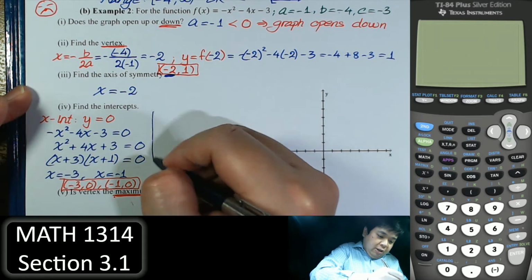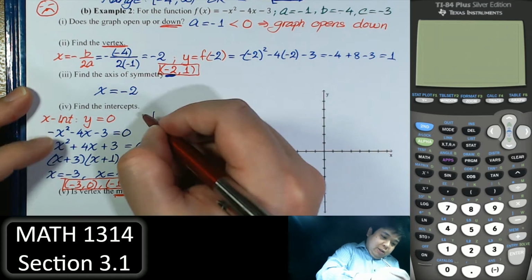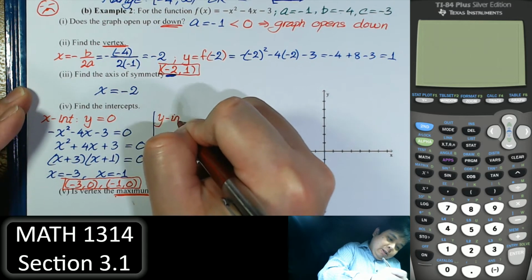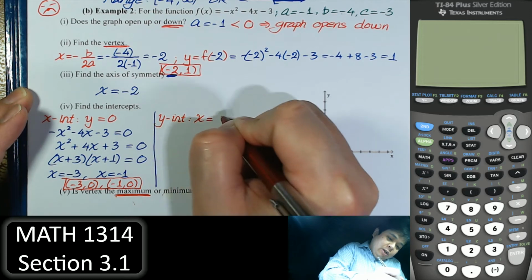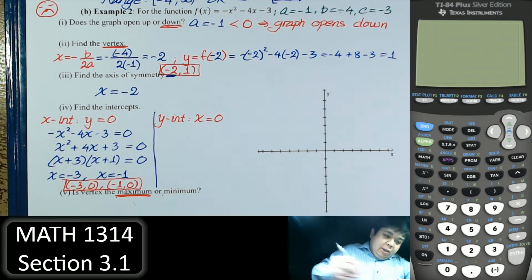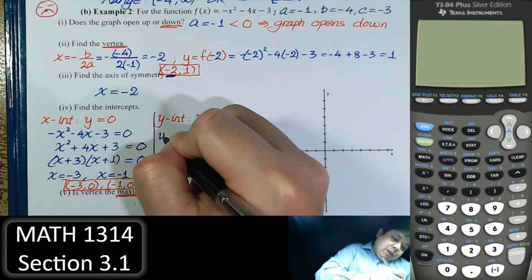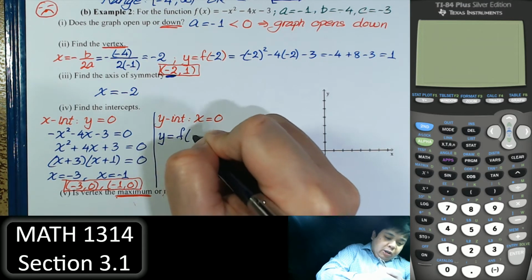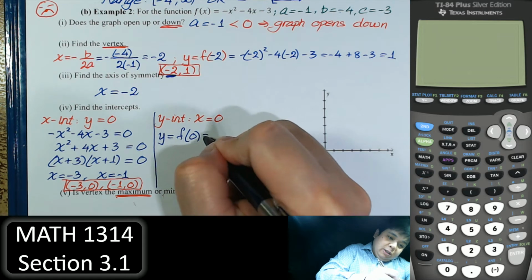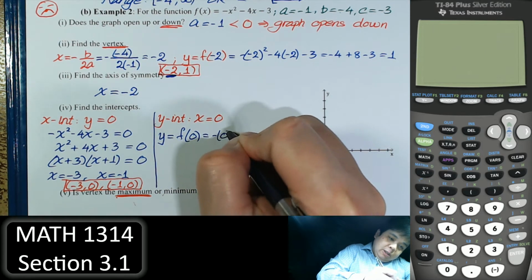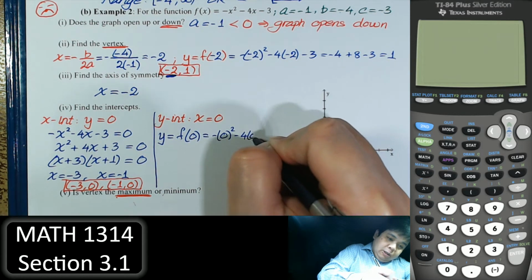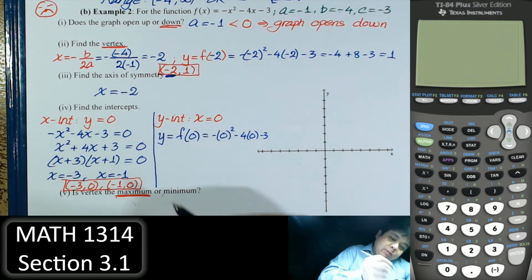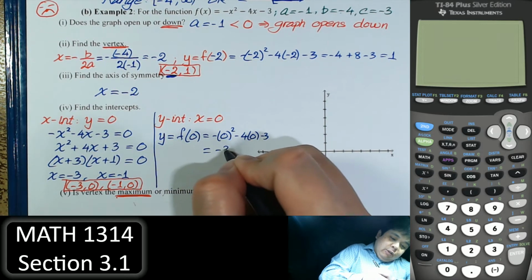For the y-intercept, I will let x equal to 0. So y equal to the function when x equal to 0. So that's just -3.